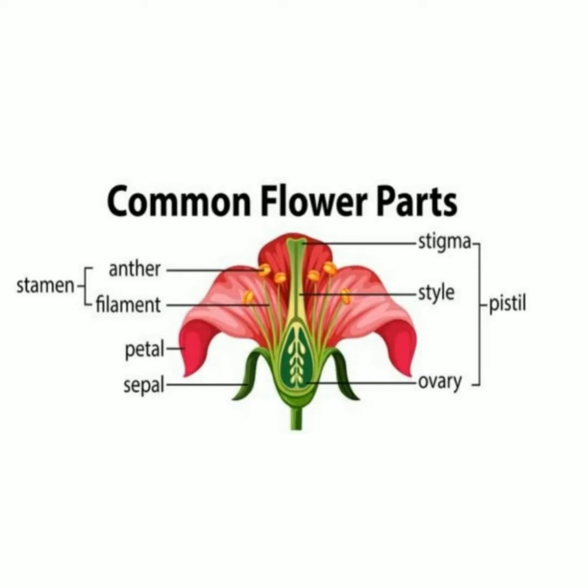Stamen is a male reproductive part of a flower, while pistil is the female reproductive part of a flower. Which one is the male reproductive part of a flower? Stamen. Which one is the female reproductive part of a flower? Pistil is the female reproductive part of a flower.